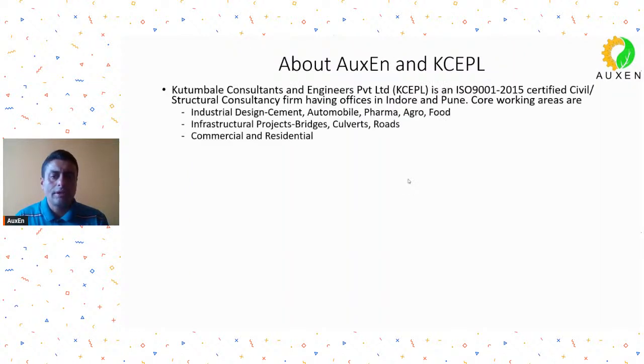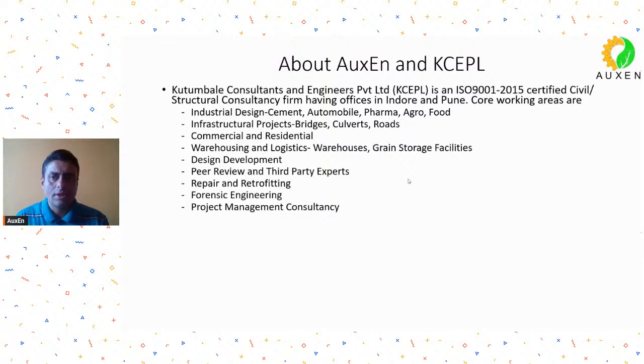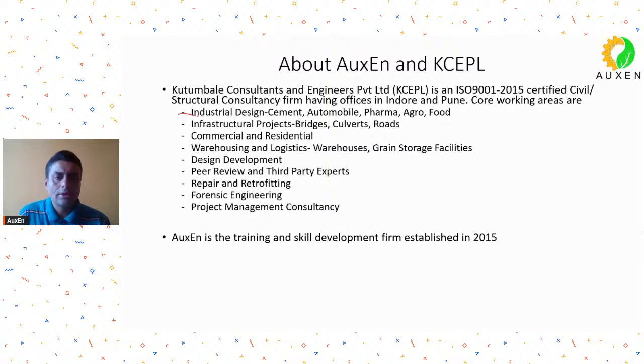Now before I move on, just a few things about us, Auxen and our consultancy firm. We are a multidisciplinary consultancy firm, and we do projects in industrial, infrastructural, commercial. So you will see a lot of different aspects of civil structural engineering we do projects on.